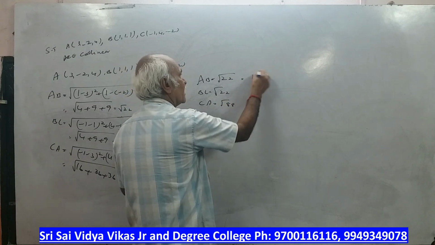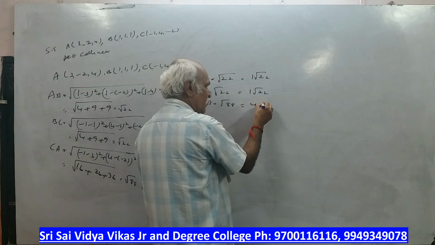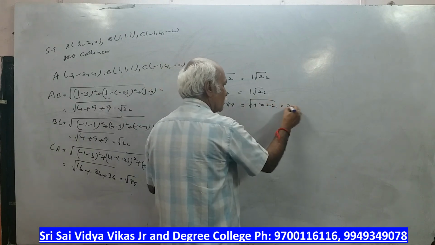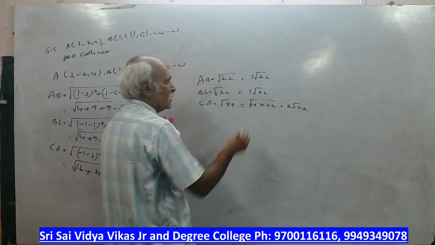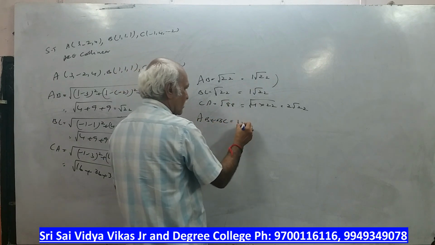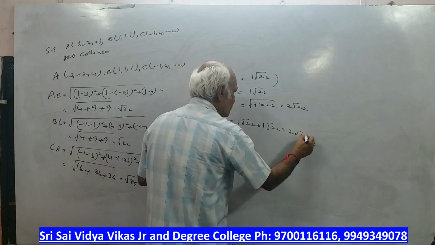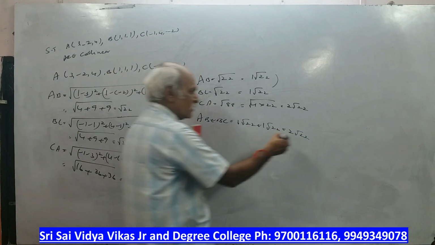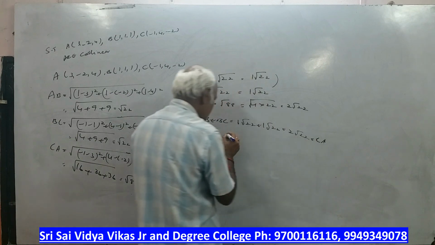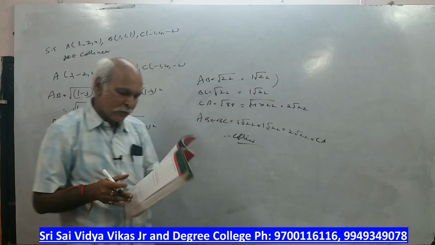We write root 88 as 2 root 22. If I add AB plus BC, 1 root 22 plus 1 root 22 is 2 root 22, which is equal to CA. Therefore, collinear. So here we have to use the distance formula.